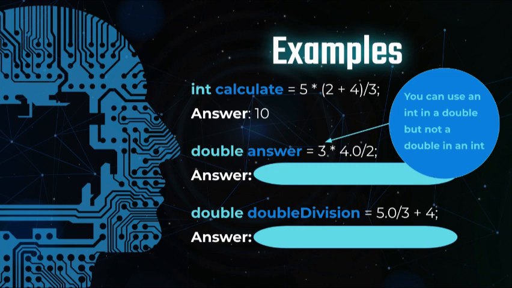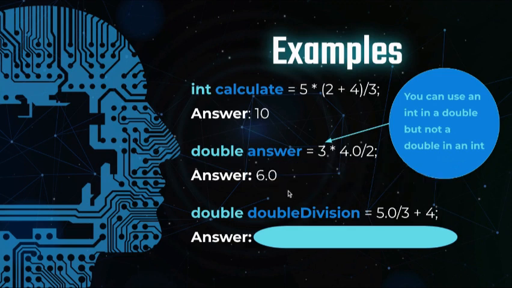Now from here, it's just like left to right, you know, addition and subtraction. It works the same for multiplication and division. So now you're going to do 5 times 6 divided by 3. 6 divided by 3 is going to get you 2, and then 5 times 2 will get you 10. So that's how you're going to get that answer.